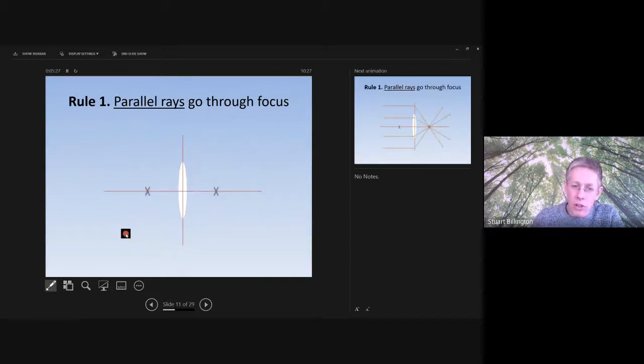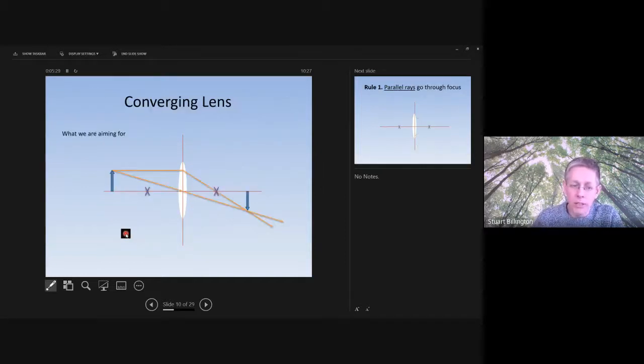That's not true for a nearby object. For a nearby object, only one ray of light is parallel. All the others travel at angles that hit the lens. This object is close enough that we can notice this angle. This ray of light clearly is not parallel to this ray of light.